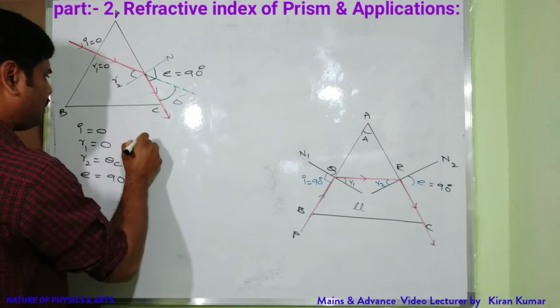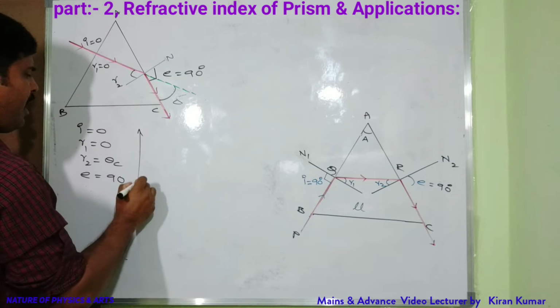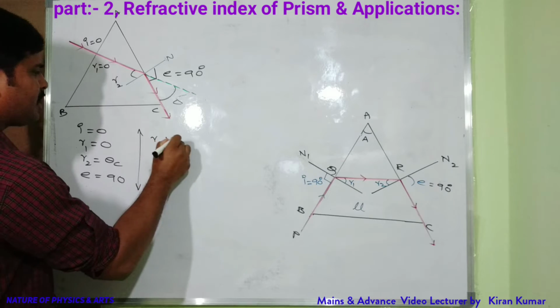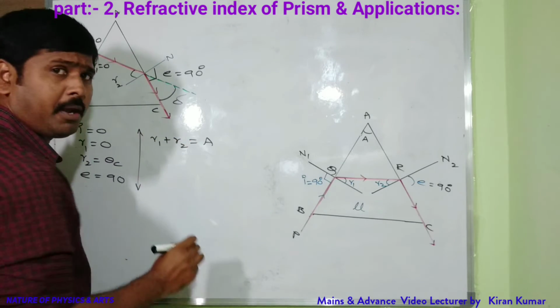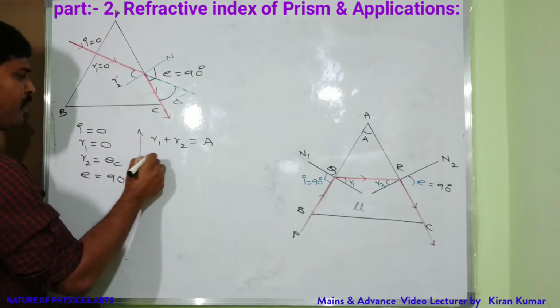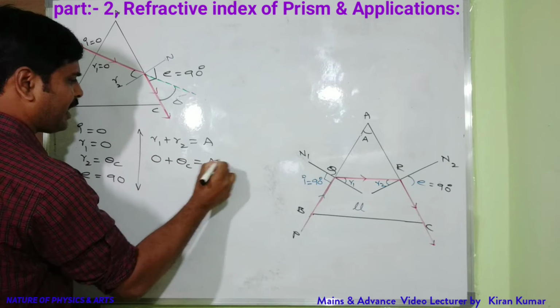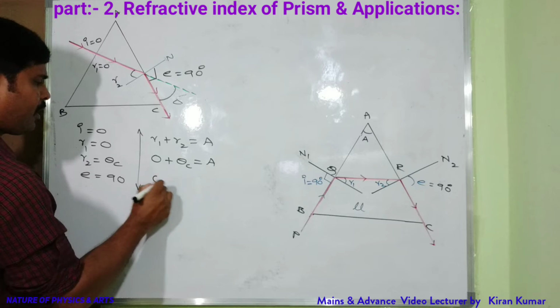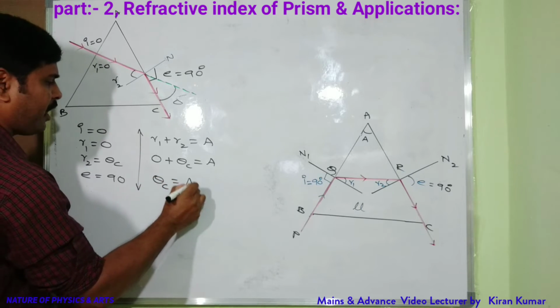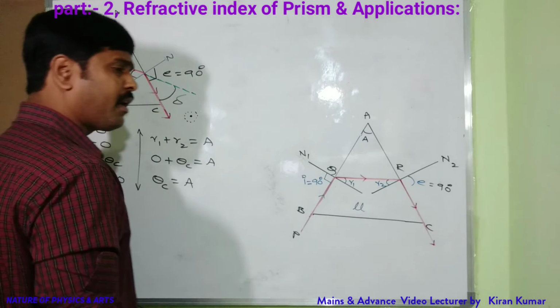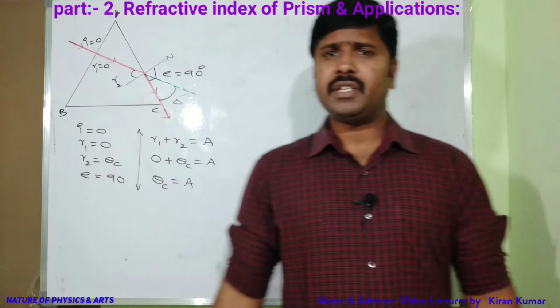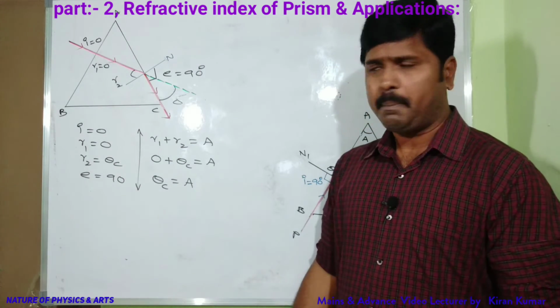The first relation is r1 plus r2 is equal to A. From this equation, r1 is equal to 0 and r2 is equal to theta C, so theta C is equal to A. So here the critical angle is equal to the angle of prism.